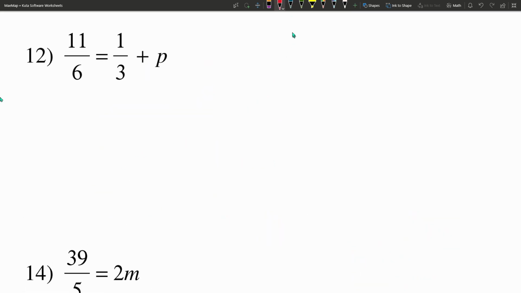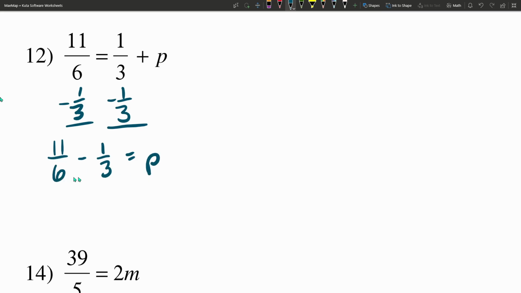Moving on to number 12, 1/3 plus p, that's going to be equal to that 11/6 on the left-hand side. In order to cancel out this 1/3, I need to subtract it, and I subtract it from both sides. So I have 11/6 minus 1/3 equals p.